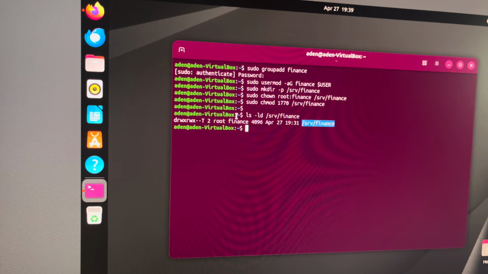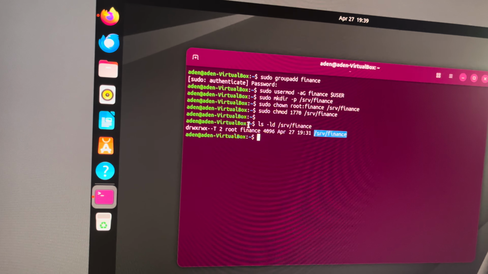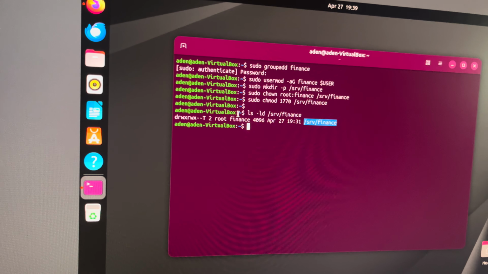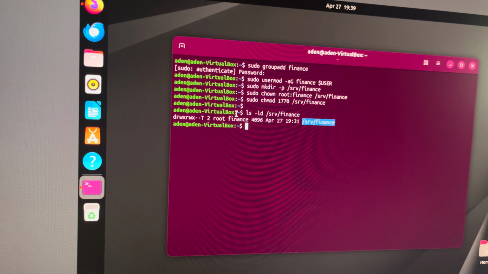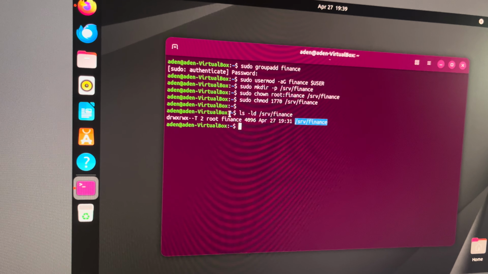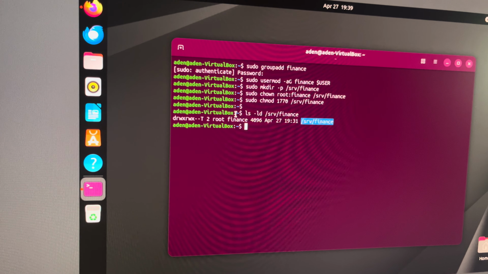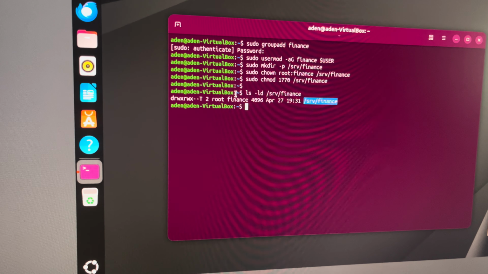And what the 1 does is that it is essentially the highest level security feature, the sticky bit. In a shared folder, the sticky bit prevents a user from deleting a file unless they are the owner of that file.